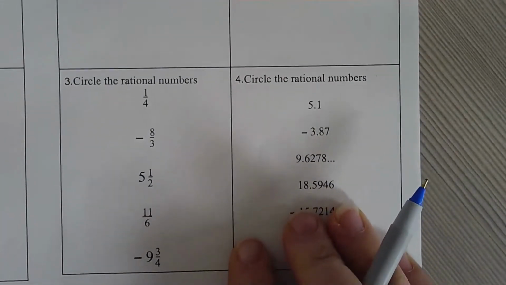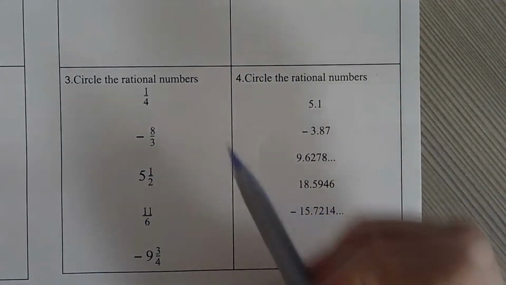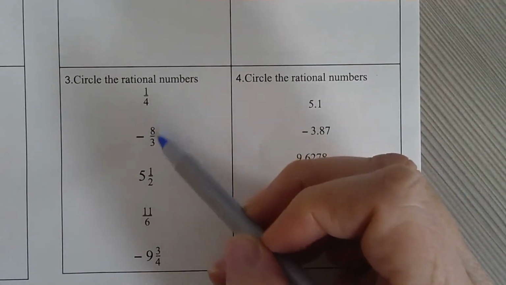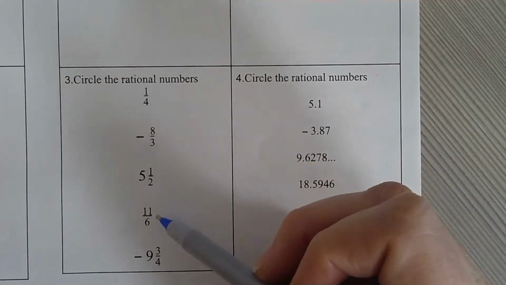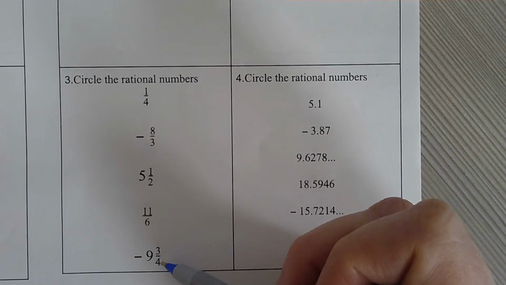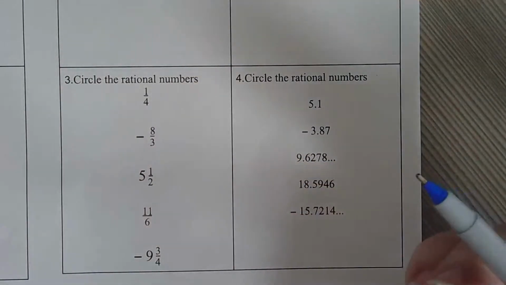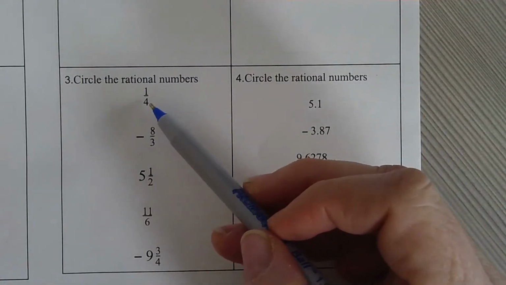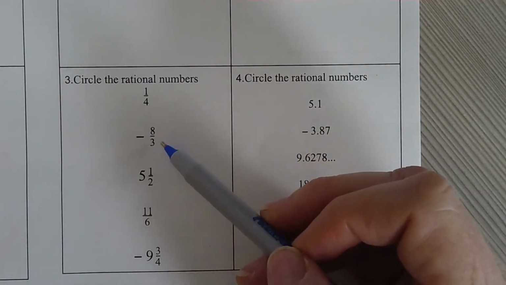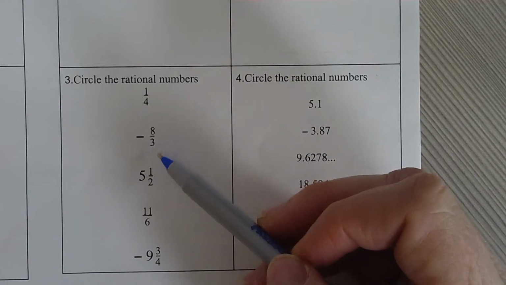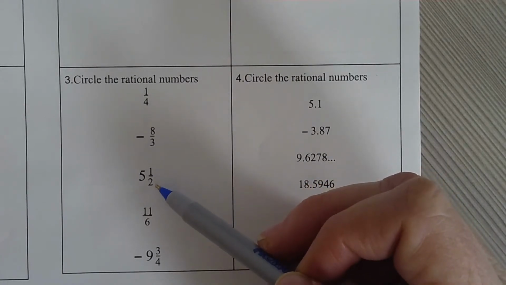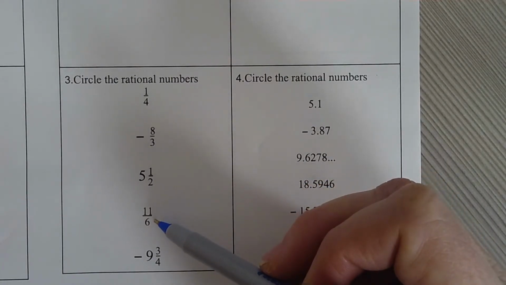Now we're going to look at our rational and irrational numbers down here. And number 3, I hope you noticed one thing that all of these numbers have in common is that they all have a fraction in some form or another. Now this is a proper fraction. This is a negative improper fraction. This is a mixed number. Here's another improper fraction.